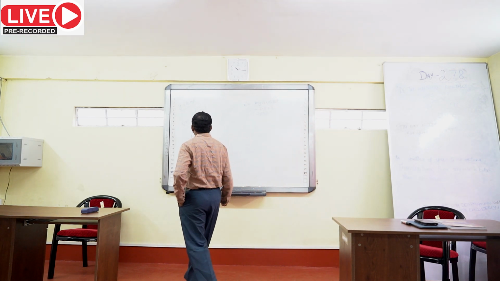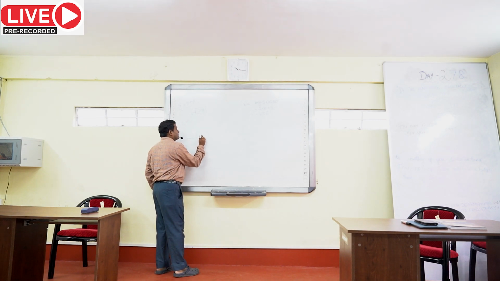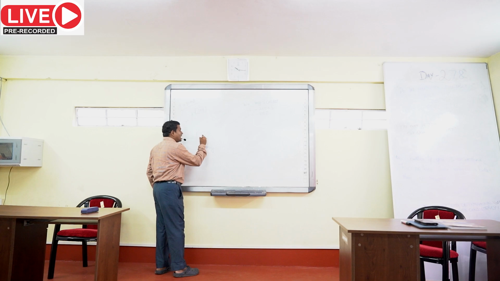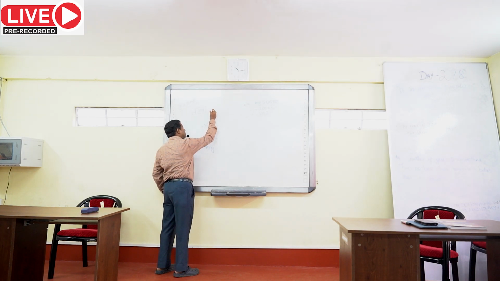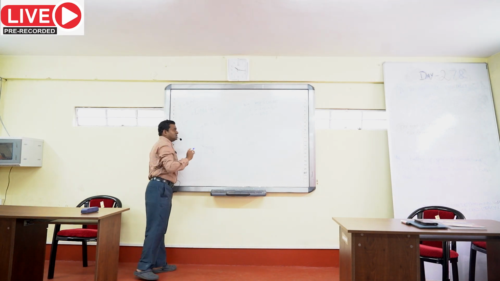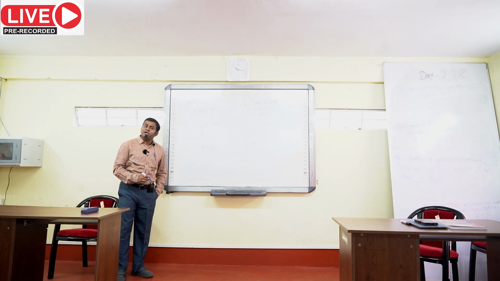Now if I replace this body by a mass m, the weight is mg. I apply a force along this direction to move it up to a height h. How does this movement occur?